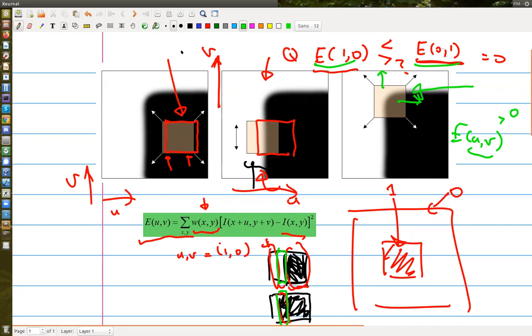No matter how you shift around, horizontally to here, the patch will be different, or vertically to here, still the patch is different. Even diagonally, where both U and V are positive, it will be different, right? Therefore, I will have E of U and V.